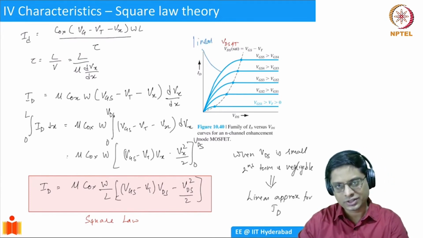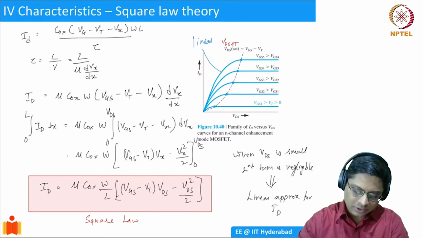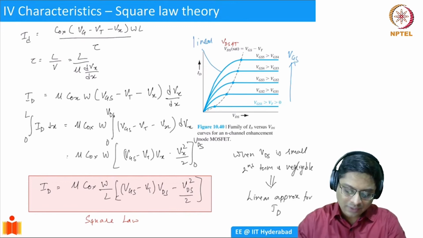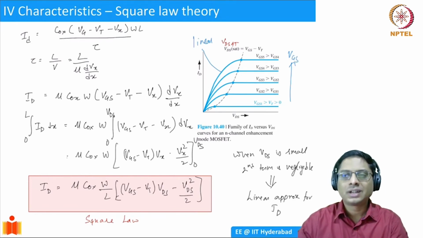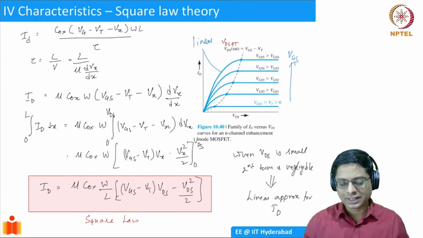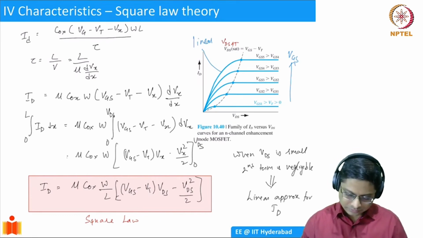It doesn't change. And if you use a larger gate voltage, the current increases. As VGS increases, current increases. This picture is not quite accurate. This is simply a qualitative picture, and we'll have to correct it. I'll show you the exact drain current calculated for a 0.25 micron technology in a moment. So this is the square law.